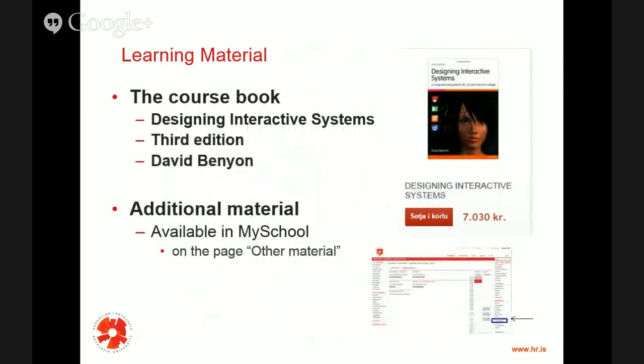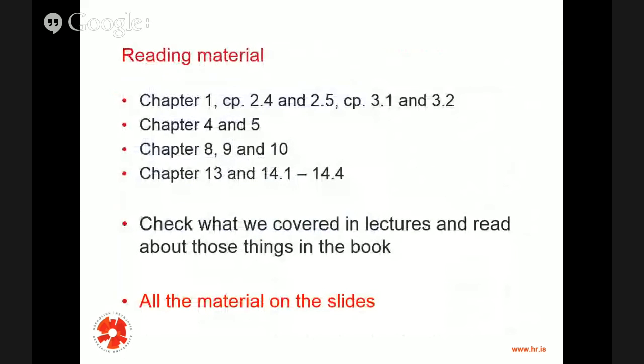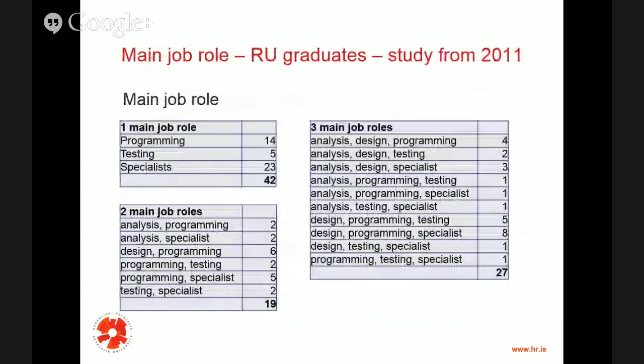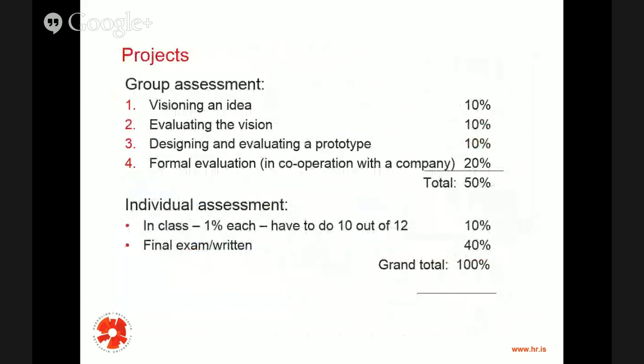Okay, I told you. Didn't I have the reading list? Yeah, this is the reading list from the book. And this was the book that we were talking about. And this is what we did in the course. You had these 4 assignments. And we did individual assessment, and we had 10% of these in-class or individual assignments.